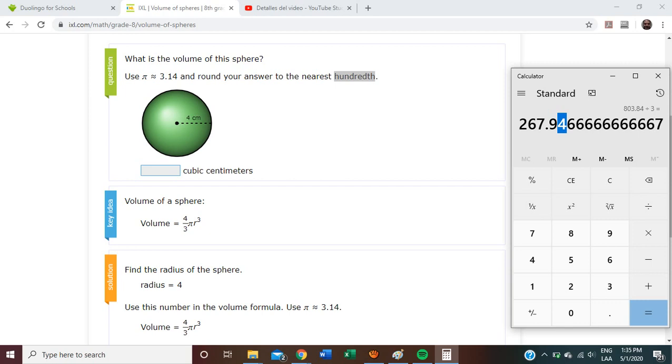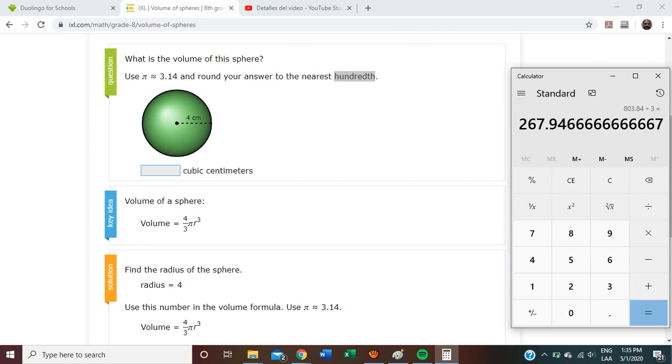But we have to decide. Is the number 4 going to stay a 4? Remember, round means to decide if the number stays or if the number goes up. So in this case, the 4 is going to remain a 4, or it's going to go up, it's going to be a 5.